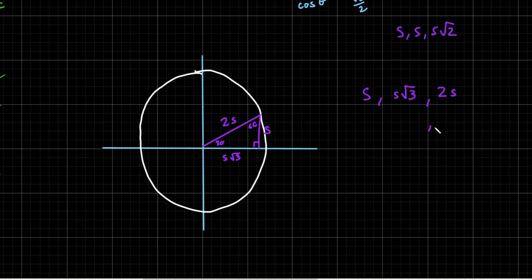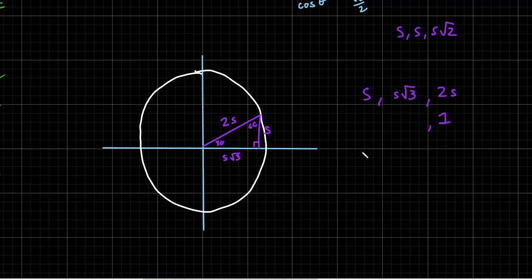What is the radius of the unit circle? It's a unit circle. What's the radius of a unit circle? R, the radius in the unit circle, is always 1.